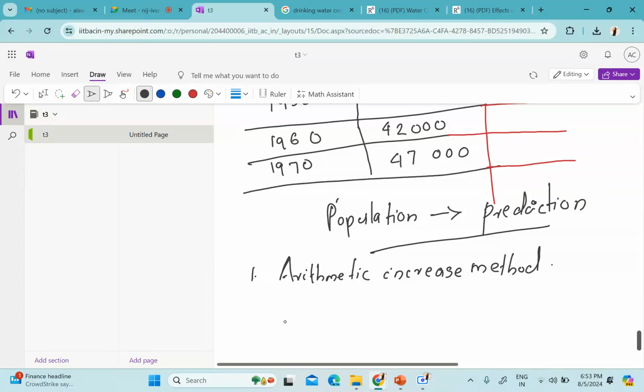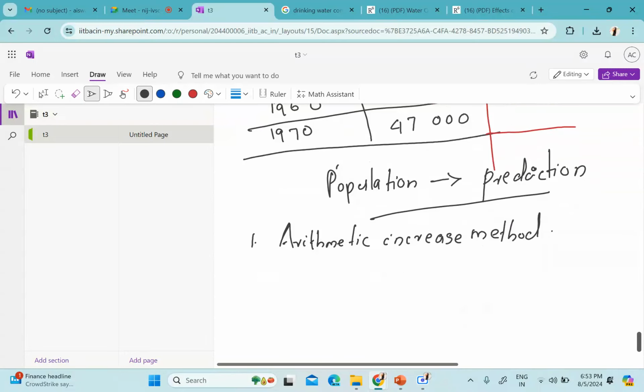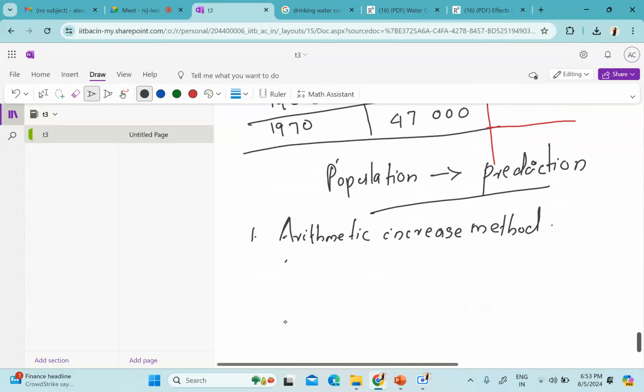In the arithmetic increment method, what is the assumption here? That is right, the population increases at a constant rate.